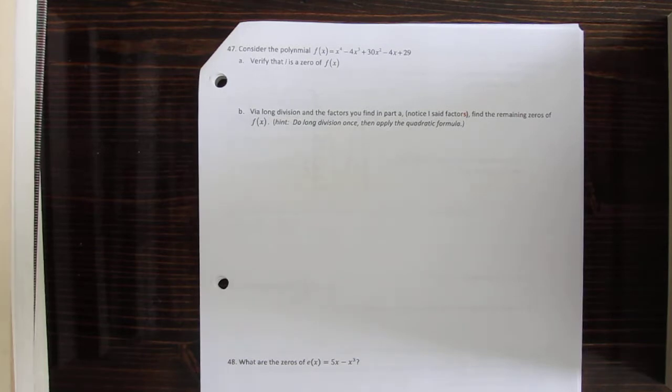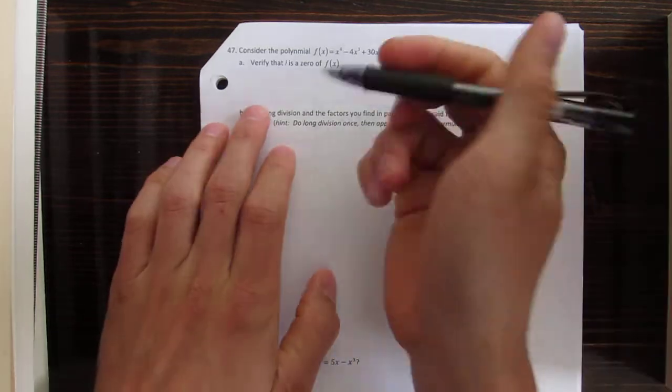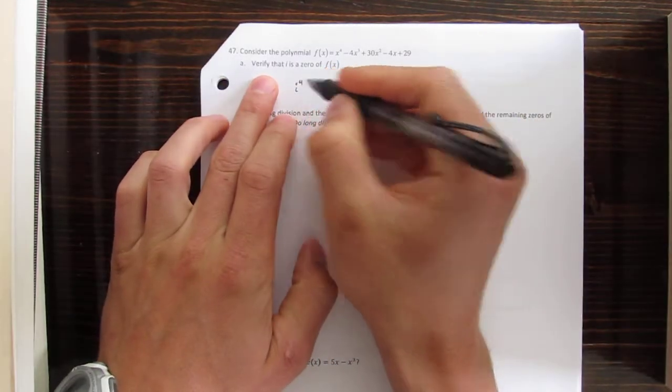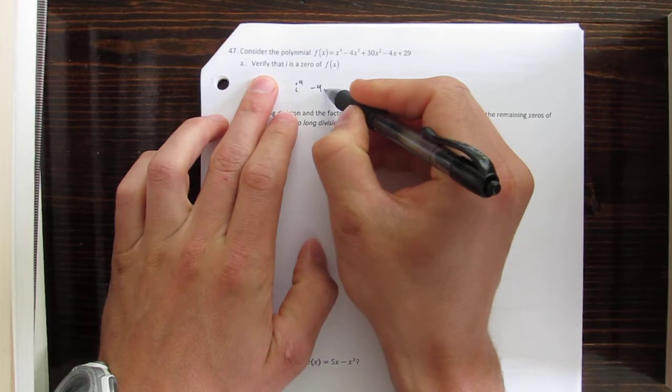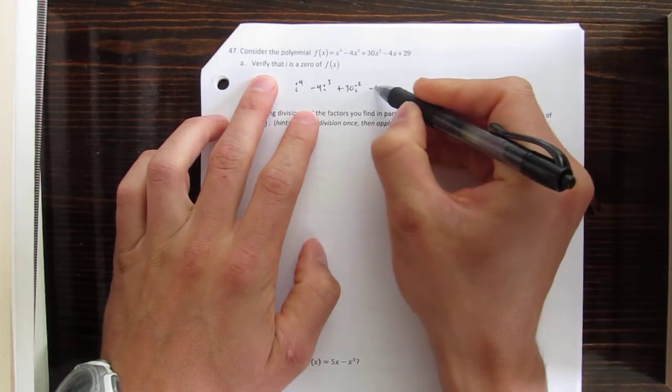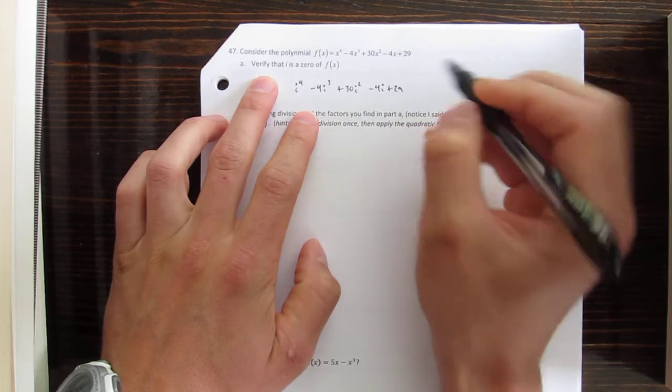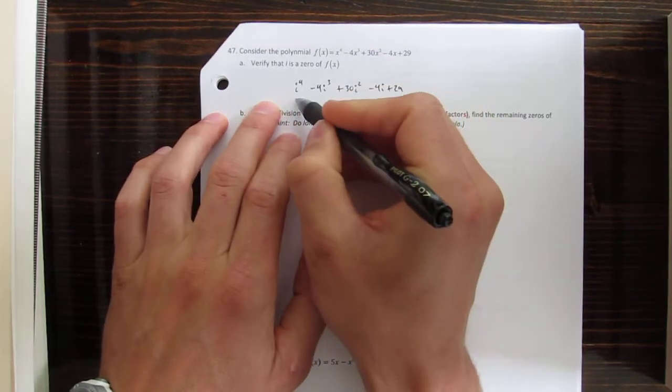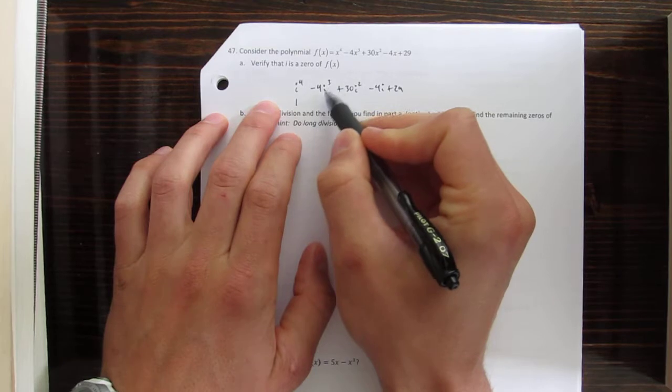47 says, consider this 4th degree polynomial. Verify that i is a 0 of f of x. To verify, we need to just plug it in. So that would be i to the 4th minus 4i cubed plus 30i squared minus 4i plus 29. So i to the 4th we know is 1. i cubed we know is negative i.